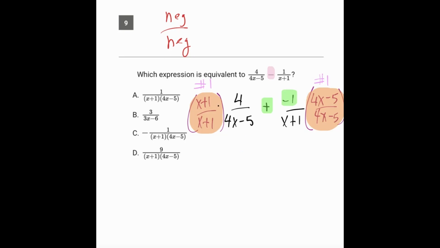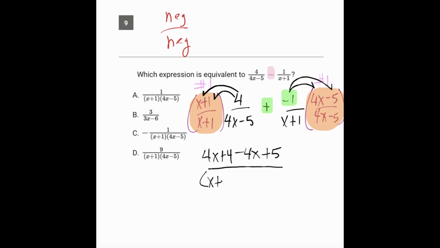But that'll help us out because when we distribute 4 to x and 4 to 1, we get 4x plus 4. And when we distribute here, negative 1 to 4x, negative 1 to negative 5, so minus 4x plus 5. Once we distribute, we can just bring the denominator over and we'll pretty much be done.